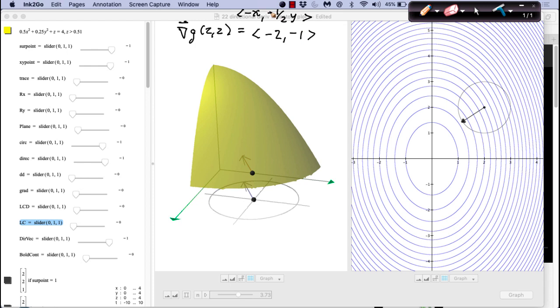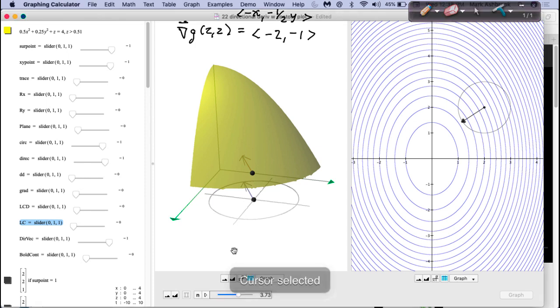That was our gradient function, and so at 2, 2, it's -2, -1. Does that make sense for third quadrant? Yeah. So it's actually right there. This is the vector in the direction -2, -1.